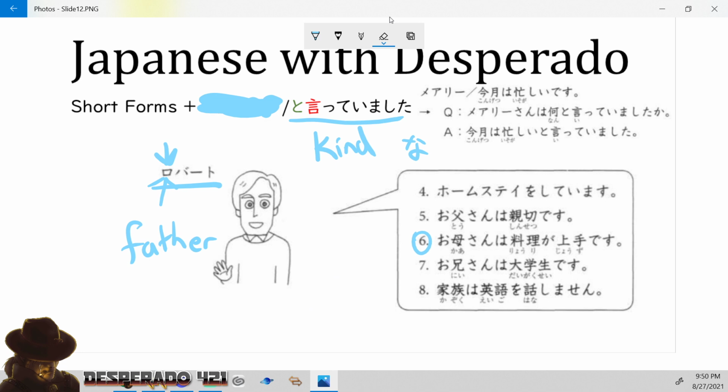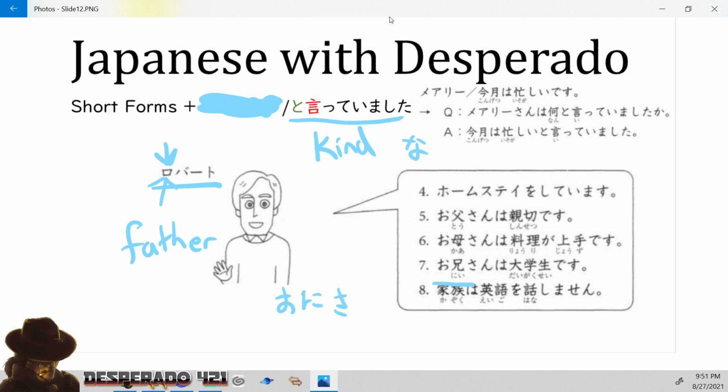All right. Let's try and do number 8 here. Or 7, sorry. 7. Oni-san wa daigakusei desu. Very good. So is that, I always forget, that's sister. Wait, brother. It's brother.